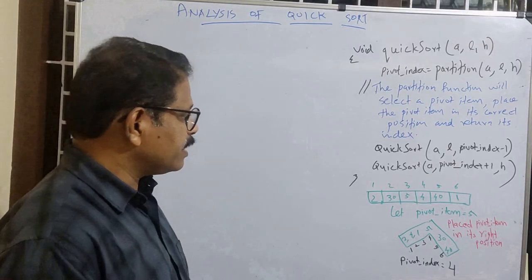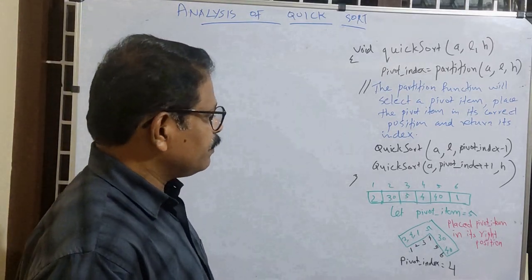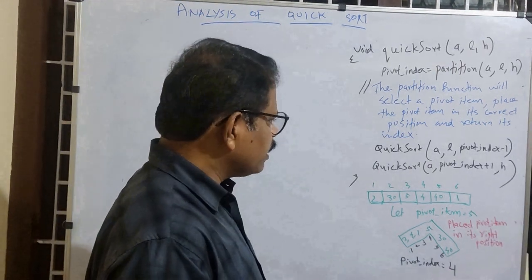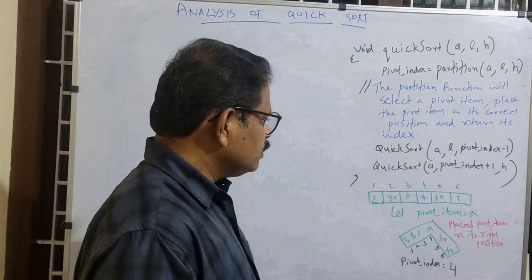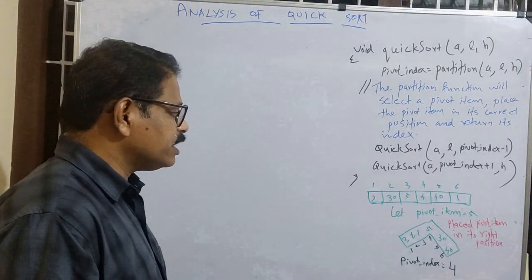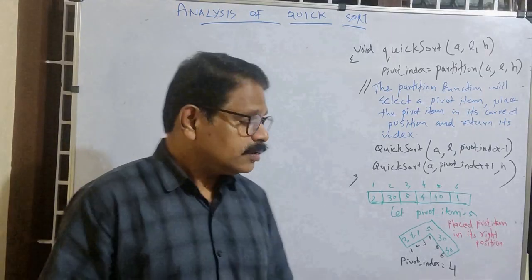Here this is the array, and the partition function will pick a pivot item. The pivot item is 5 and we are sorting the array in ascending order.